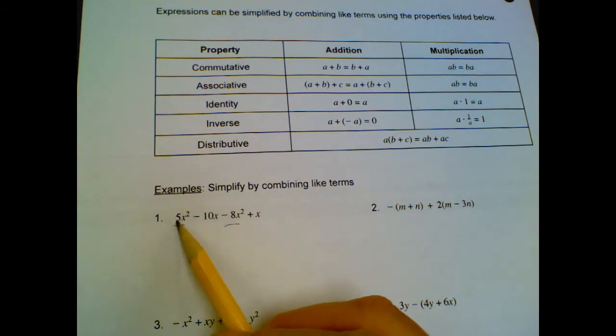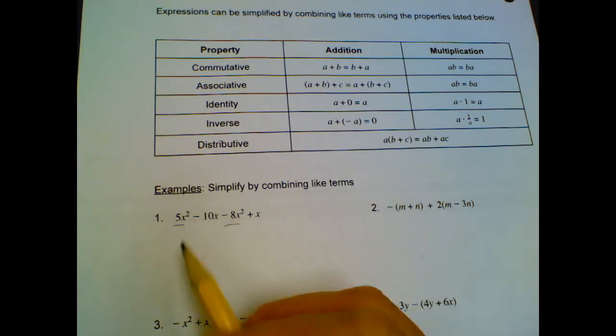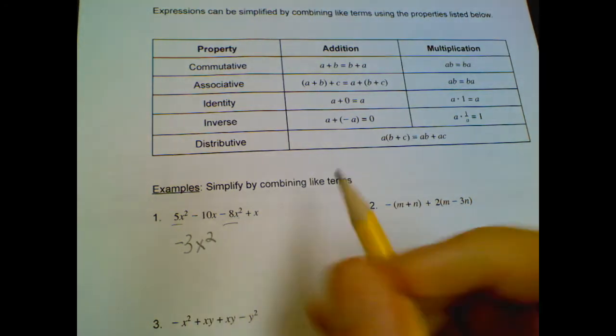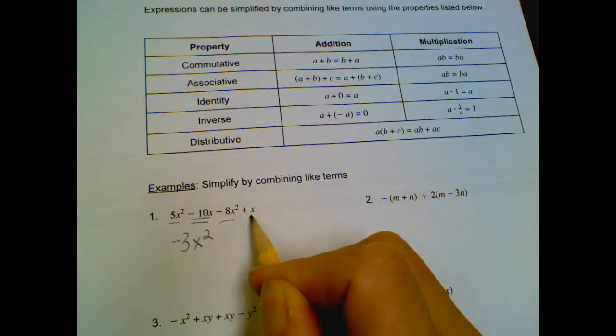So I would look at the coefficients then and add or subtract the coefficients and leave the same x squared component. So in this case, 5 subtract 8 would be negative 3x squared.